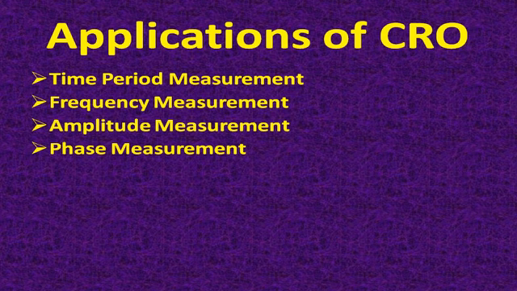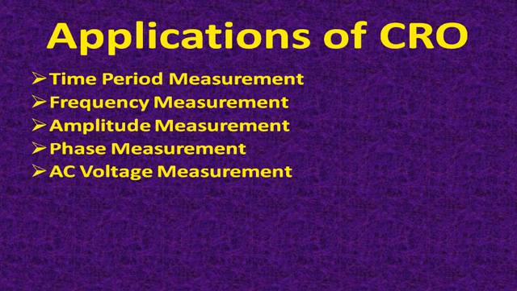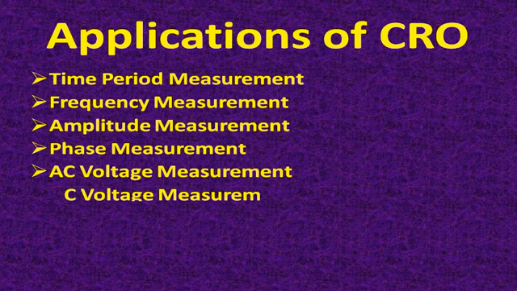We can measure the phase of a single waveform or the phase difference between two waveforms. AC voltage measurement or RMS voltage measurement is also possible with the help of CRO. Next, DC voltage measurement.